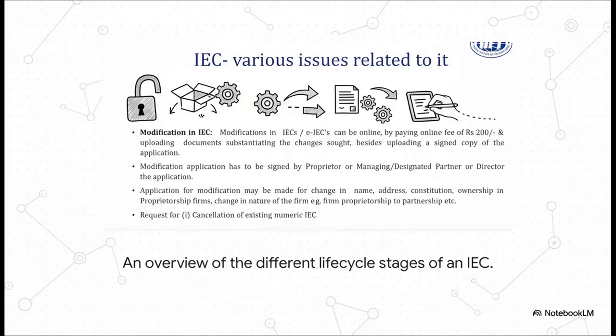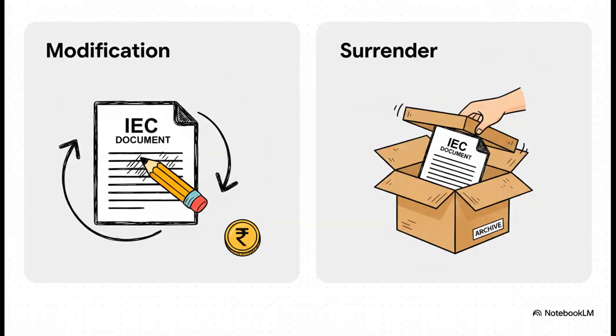But of course, businesses change, right? Your address might change, you might bring on new directors, your whole business model could pivot. The system allows for this through 2 main processes: modification, for when you need to update your details, and surrender, for when you decide to stop your import-export operations altogether. Both are designed to be simple online processes to keep your records up to date. So let's just break that down really quick.